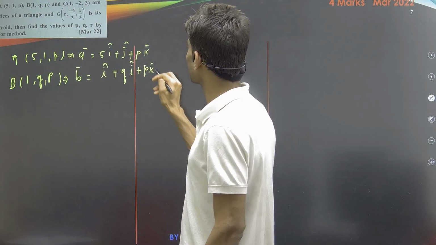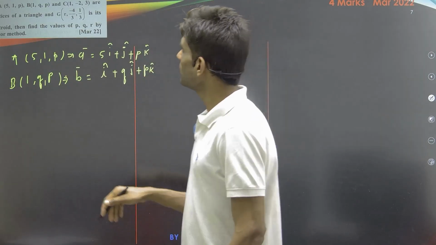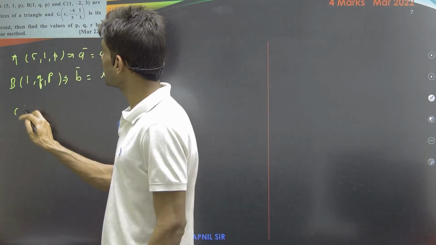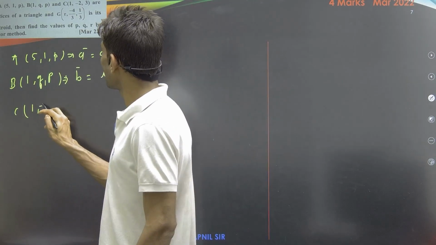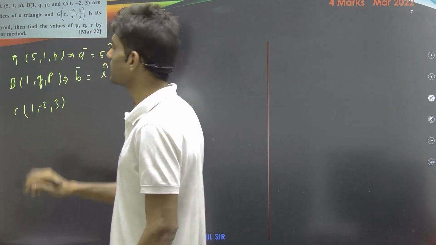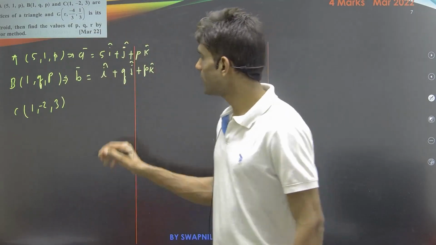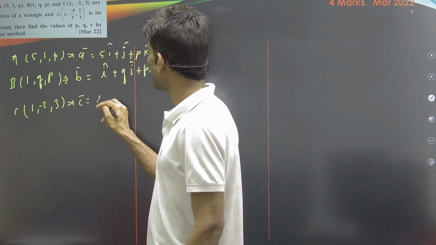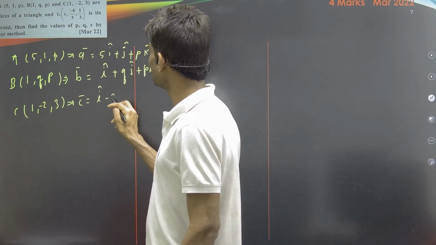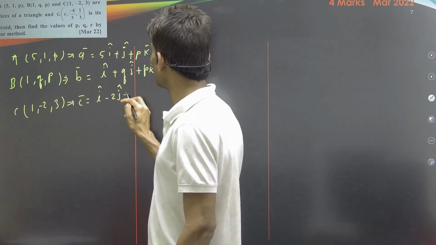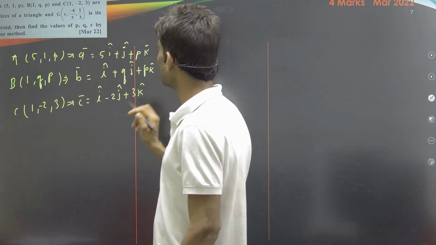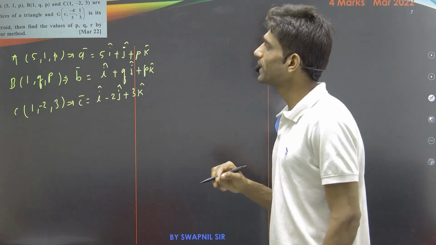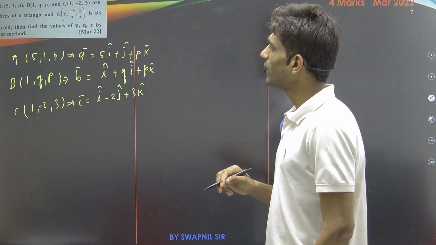The third vertex C is given as (1, -2, 3), so the position vector C bar is i cap minus 2 times j cap plus 3 times k cap. These three are the position vectors of the vertices of our triangle.